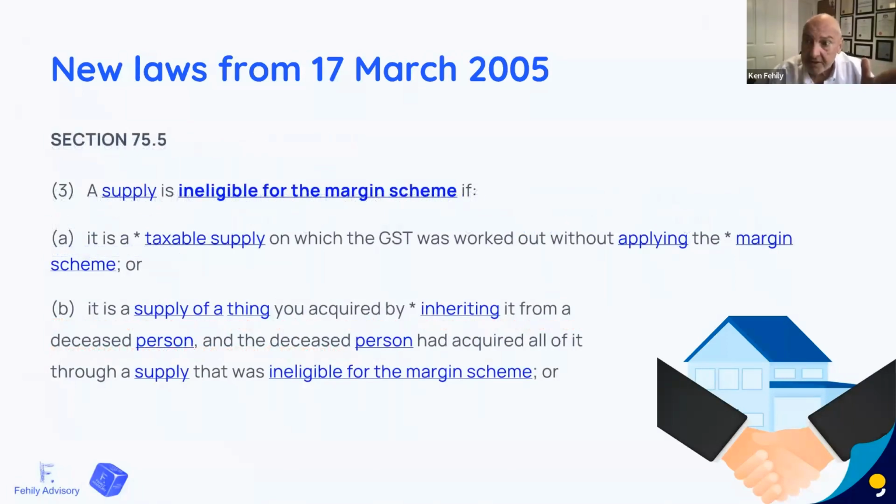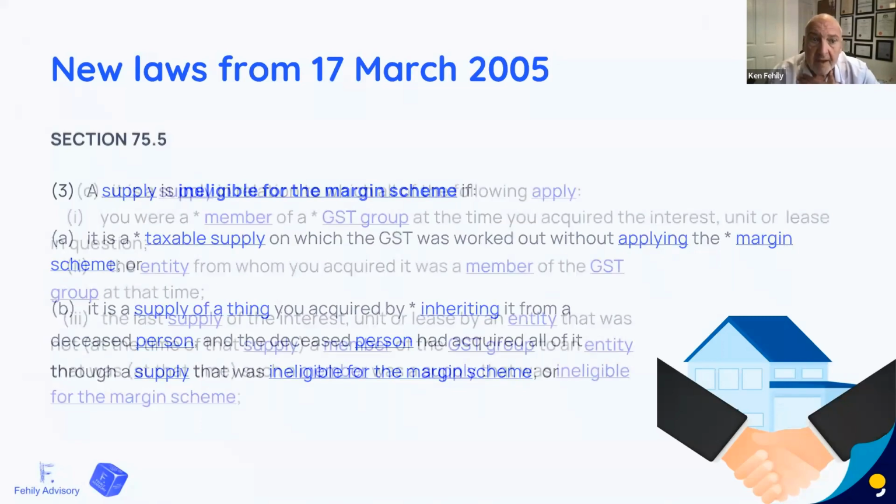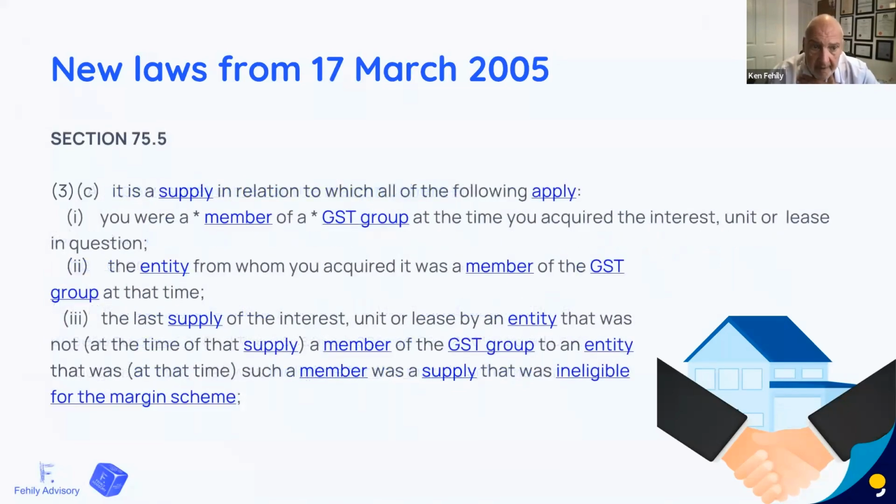Okay, so let me go through this, because you have to look at 7553. A supply is ineligible for the margin scheme if it's a taxable supply that was worked out without applying the margin scheme, or a supply that I acquire from inheriting, then it goes on to a member of a group.